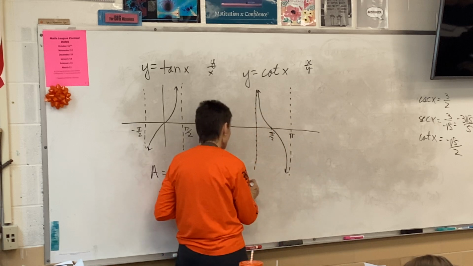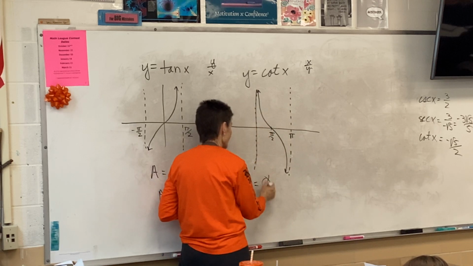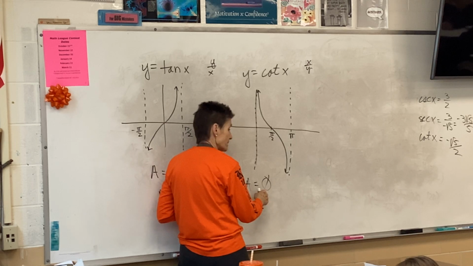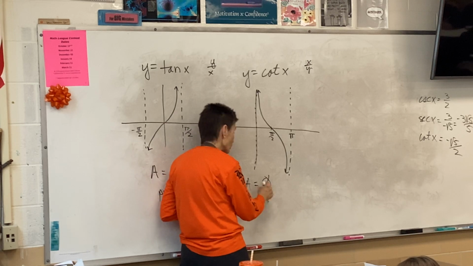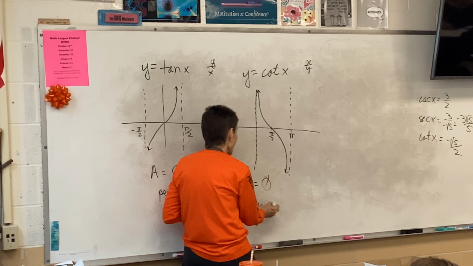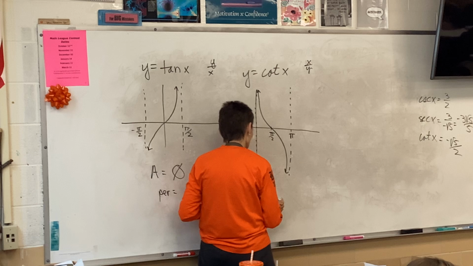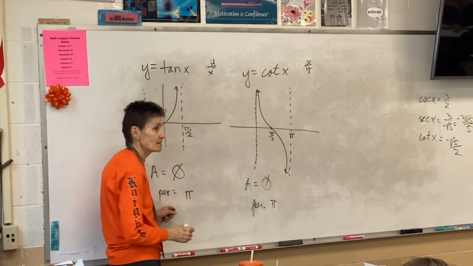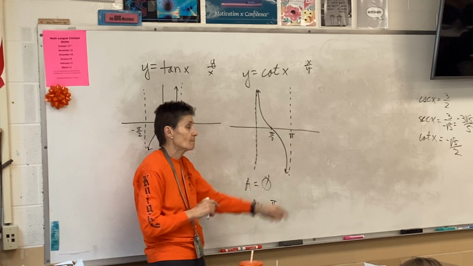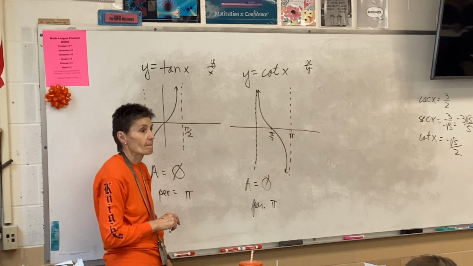What's my amplitude for my cotangent? None. So please don't put 0. You either write empty set or you write the word none. There is no amplitude. And then period, how far is it asymptote to asymptote? Pi. Same as this one. The asymptotes are just in a different place, but they're the same distance apart.